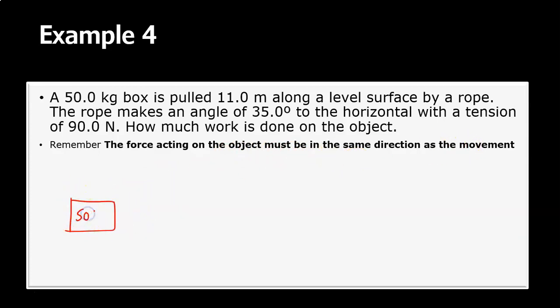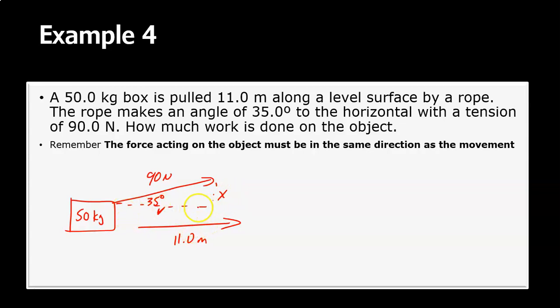So if it's a 50 kilogram box, we've got 90 newtons at 35 degrees. If it's sliding along this way, 11.0 meters, then we need to know this portion, not this portion. That's actually a check mark and an X.